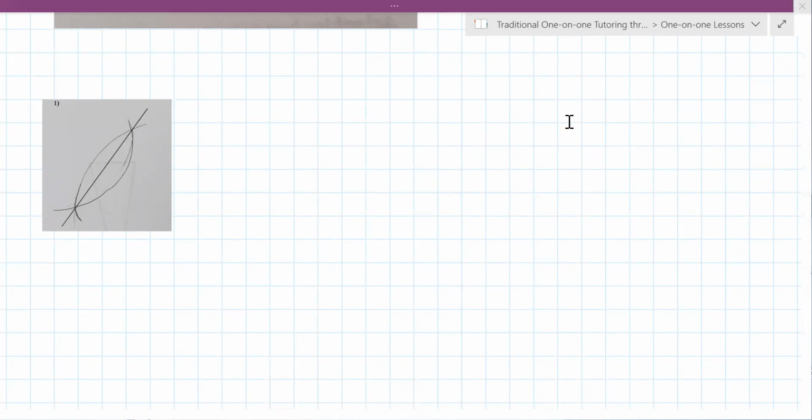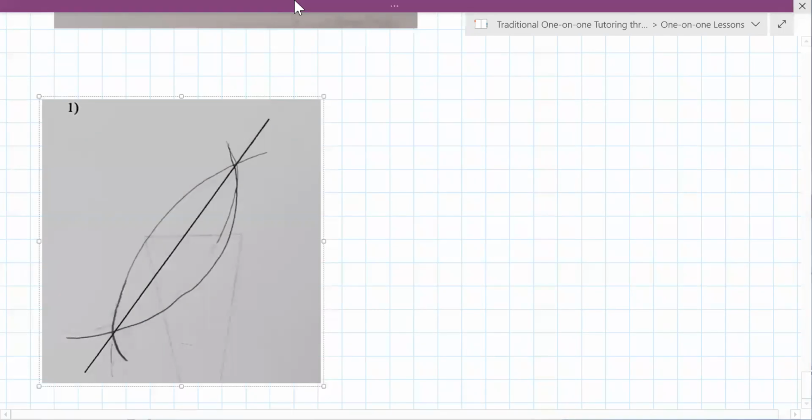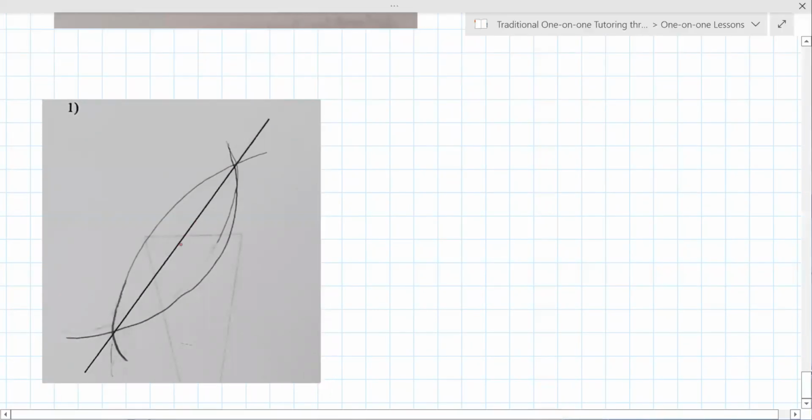All right, so the way you do this, if you had a compass, and I'll do it in a different color here to differentiate, is you would go right here and measure two arcs that are equidistant apart. So you'd create an arc like that and an arc like that.